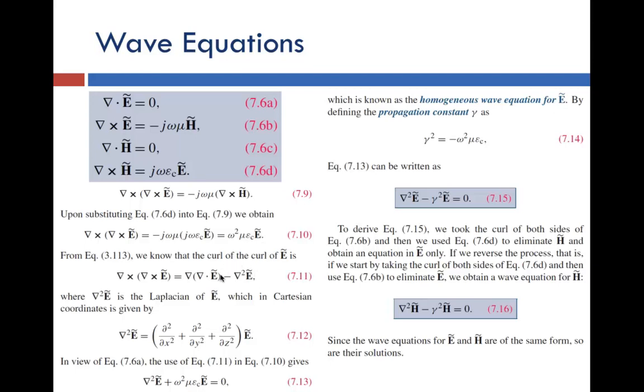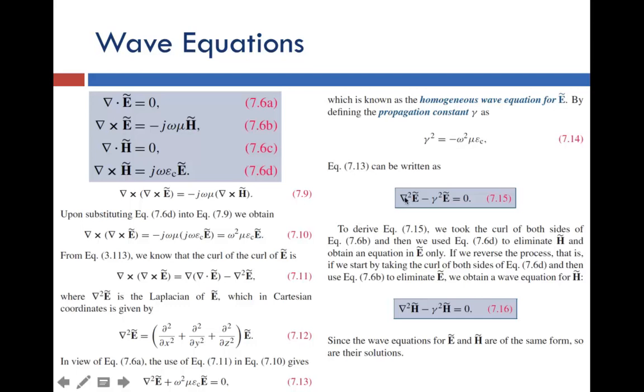So the left-hand side becomes minus del squared E, and the right-hand side becomes omega squared mu epsilon C E. When we combine those two terms on the same side of the equation, we get equation 7.13, which says that the Laplacian of E plus omega squared mu epsilon C E is equal to 0. Now this is known as the homogeneous wave equation for the electric field E. And we can define what's referred to as a propagation constant, gamma squared, to be minus omega squared mu epsilon C.